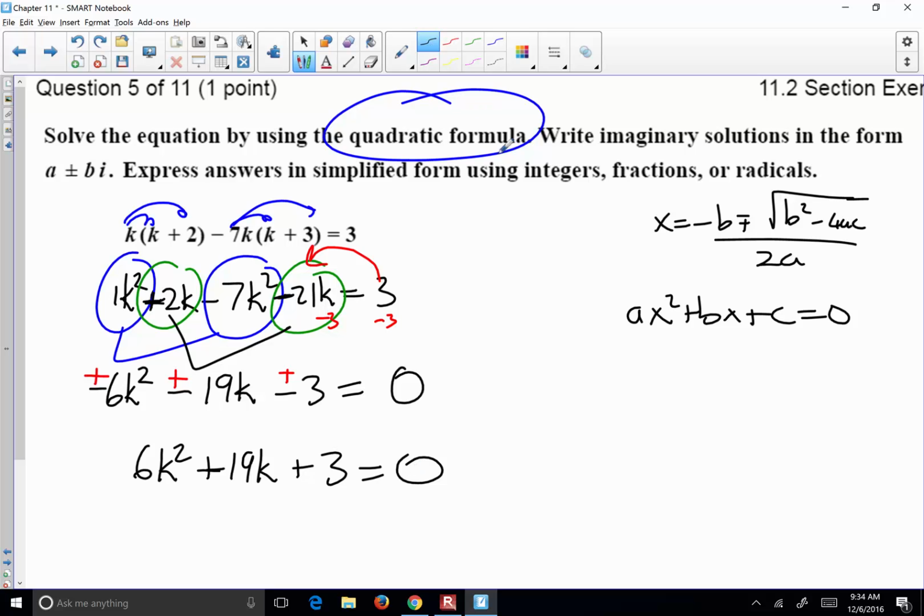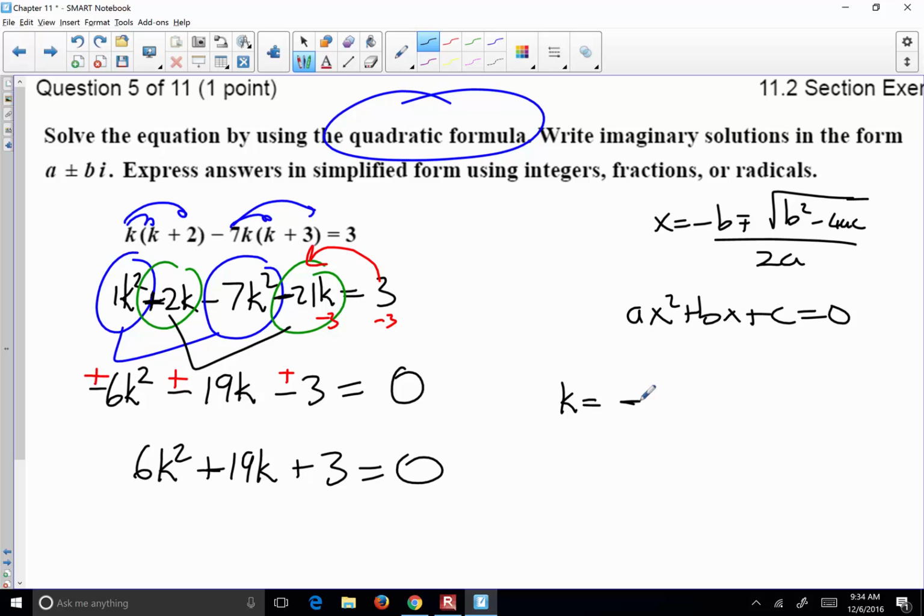Now, shall we apply this formula? Instead of x, you have k's here, but if you're more comfortable with x's, you can make these x's if you wish. But I will still use k's. So k will be two values: one is negative b plus, the other one is negative b minus. But let's first put these numbers in place.